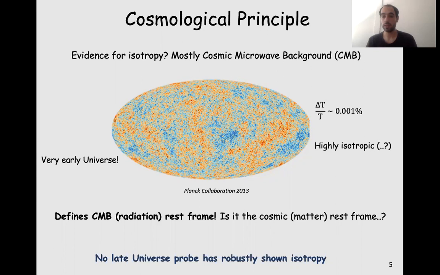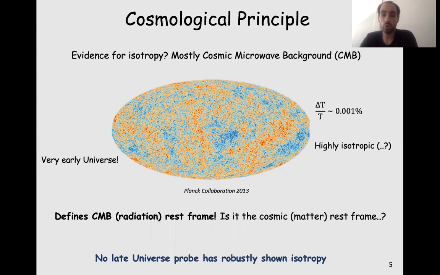In other words, that clusters and galaxies at low redshifts will behave isotropically within the radiation rest frame of the very early universe. However, this is clearly an assumption, and we need to test it observationally to see if these objects truly behave isotropically or not.